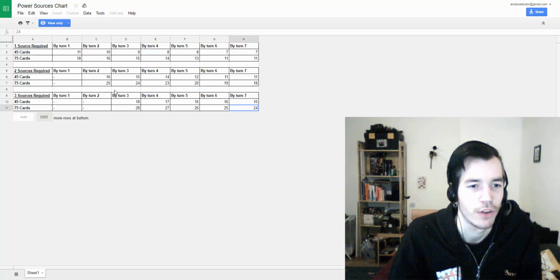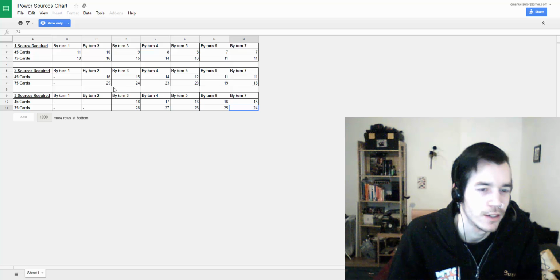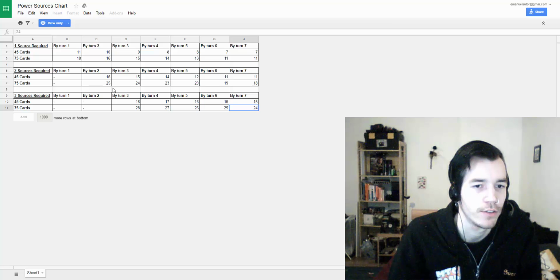What Frank Karsten also formulated is basically a rough calculation for regular cantrips like Inspire. In MTG he counted them for a quarter power source or influence source.